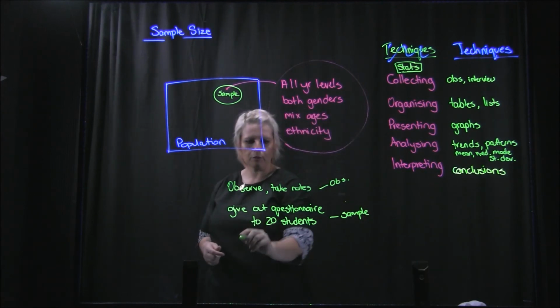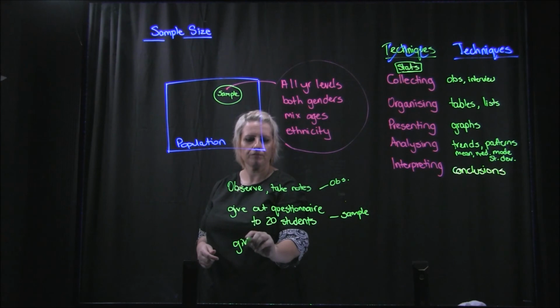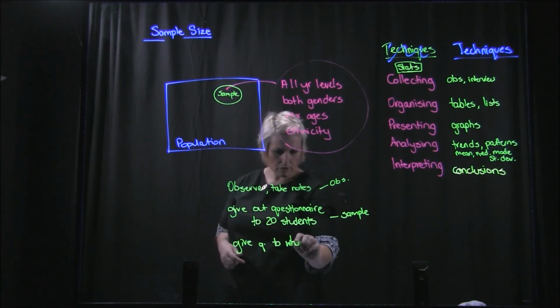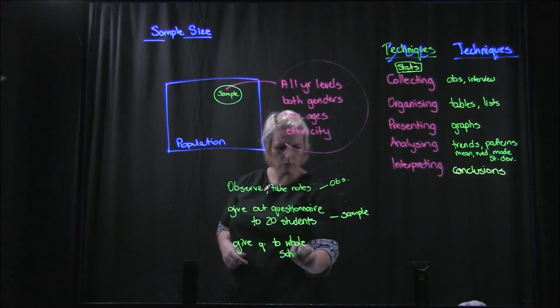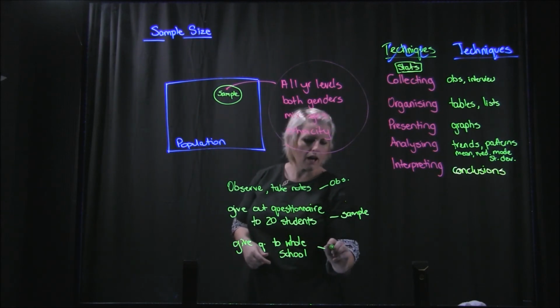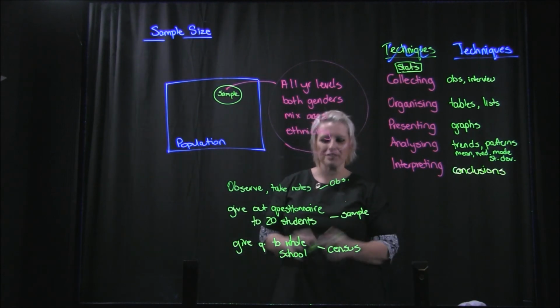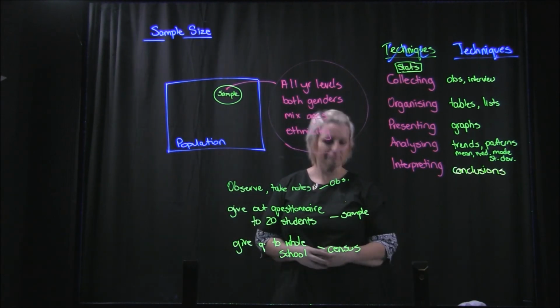And if we then give that questionnaire to the whole school, everyone in the school, every student, that's the census. So just a quick reminder of those things that we've covered so far.